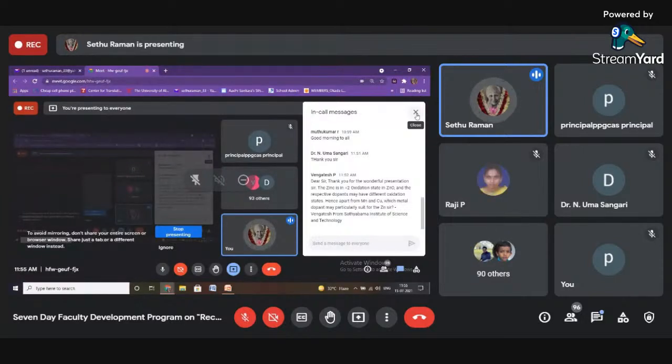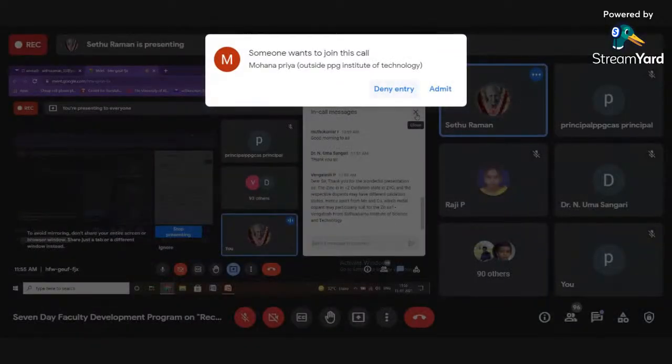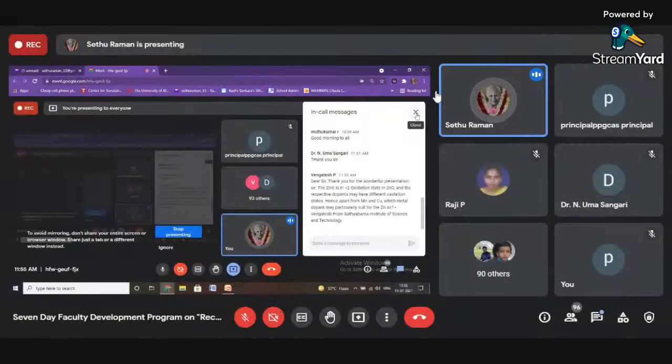We analyzed Mn, copper, as well as other dopants.